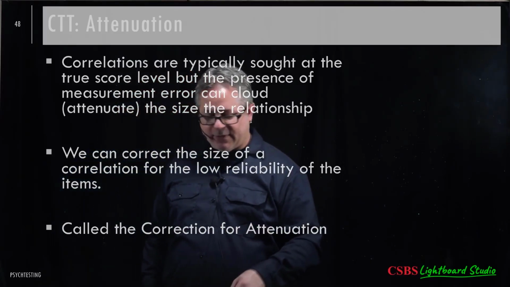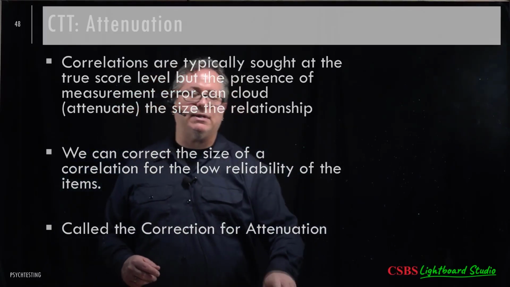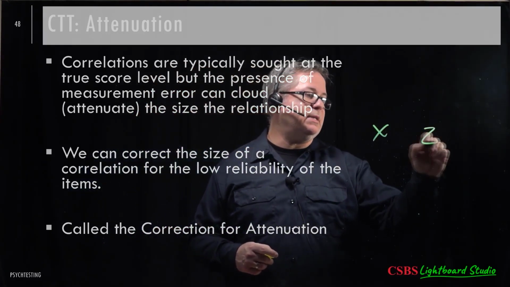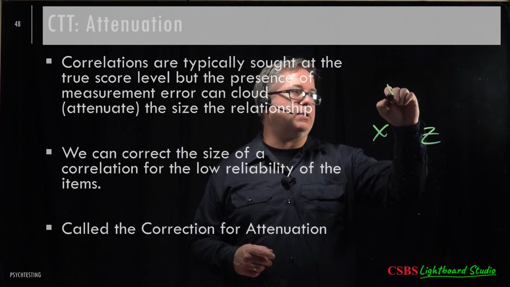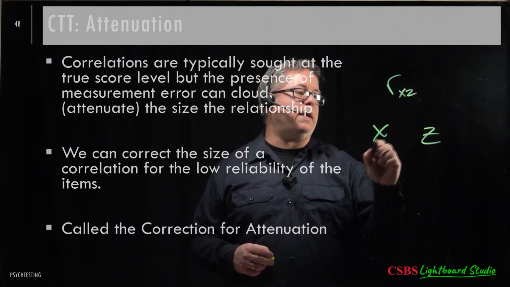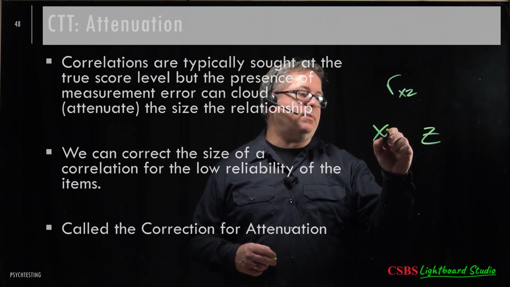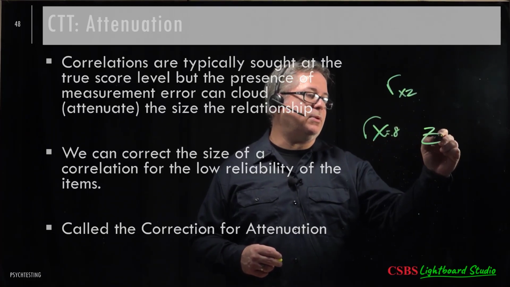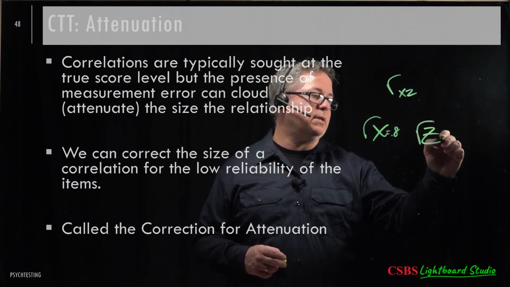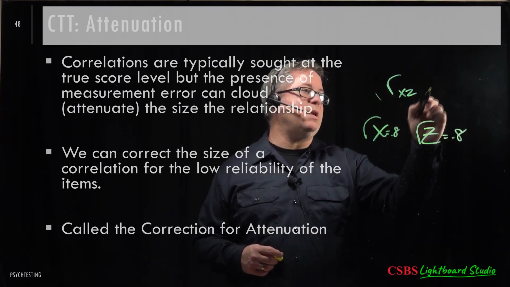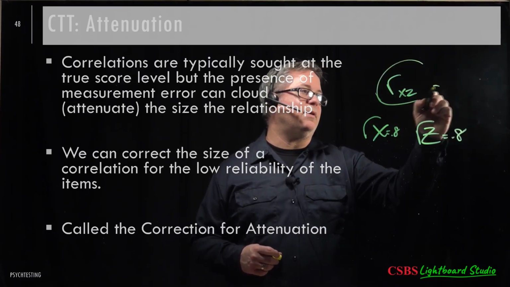So what that means is, if I have two items, X and Z, and I want to correlate them, the correlation between X and Z... Well, if the reliability of X is, say, 0.8 and the reliability of Z is 0.8, this correlation could never equal 1.